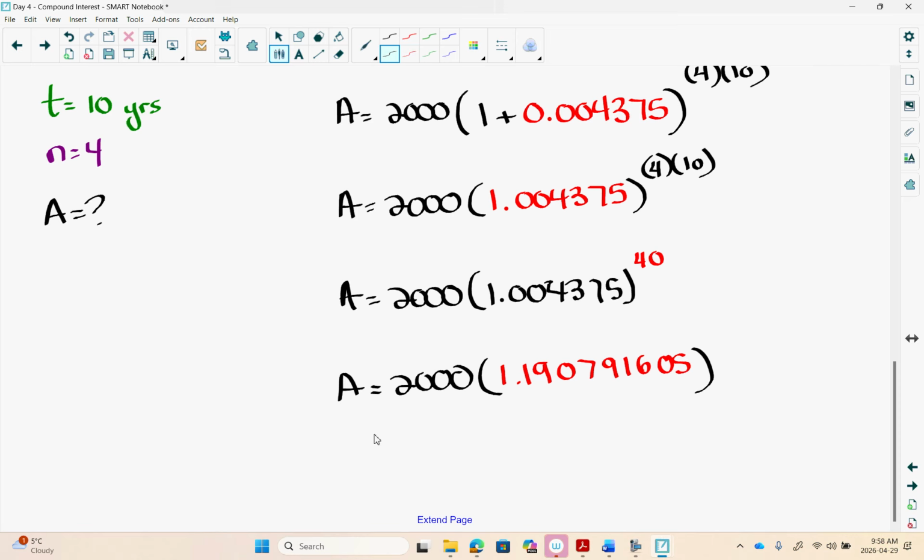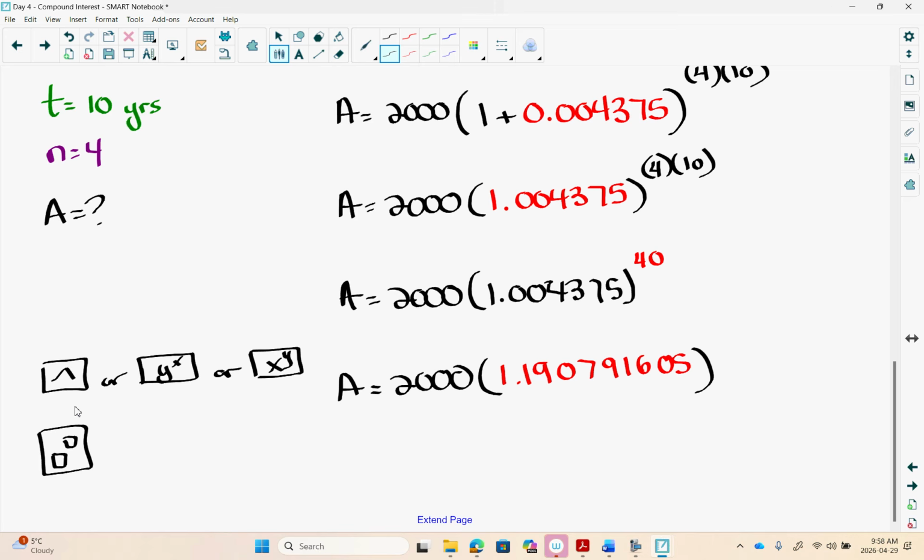On your calculator, you're looking for this button. It's an arrow pointing up. Or it might say y to the power of x, or it might say x to the power of y. Some of the newer calculators look like this. It's got a little box with another little box. One of those.